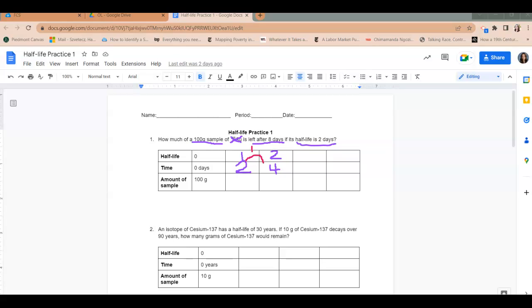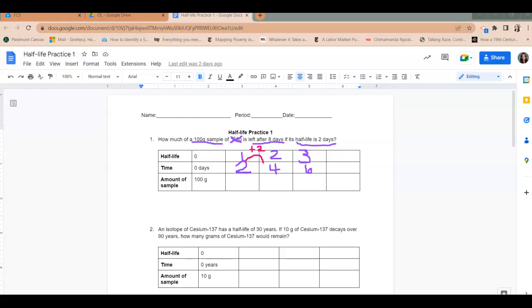So every half-life that happens, I have to add 2 to it. Not multiply 2, add 2. So after 3 half-lives, I'm going to have 6 days. And again, the way I get this, I add 4 plus 2 to get 6.